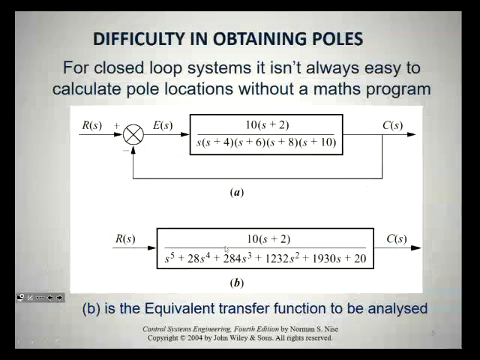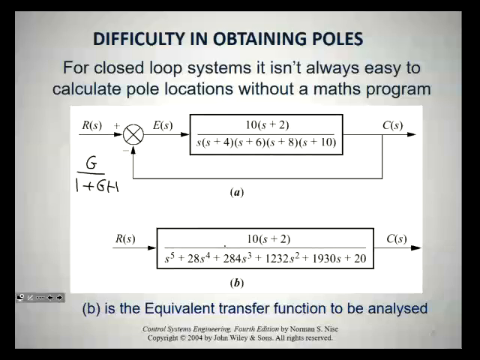The problem is that you can't always quite easily work out the factors. That's the open loop one, which is fine. But when you come to closing the loop, if you remember, when you close the loop, the equation becomes something like that.